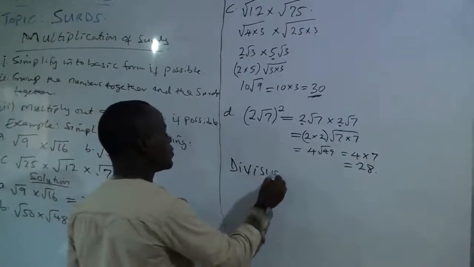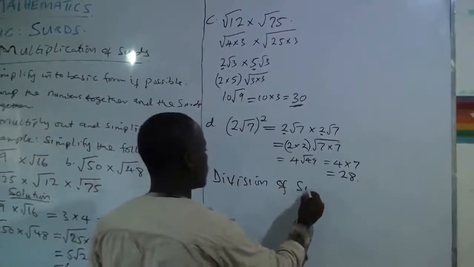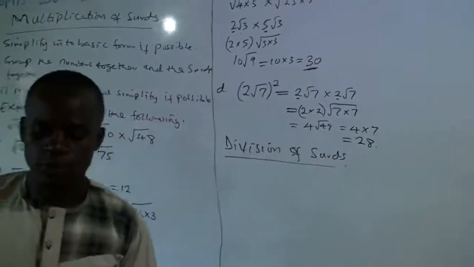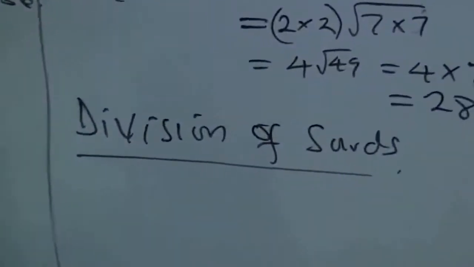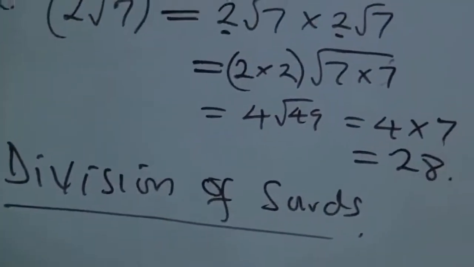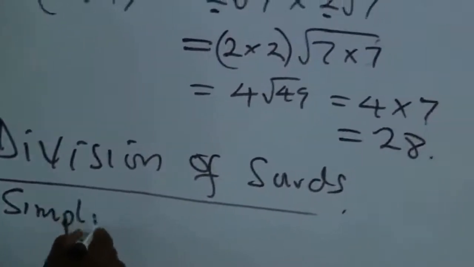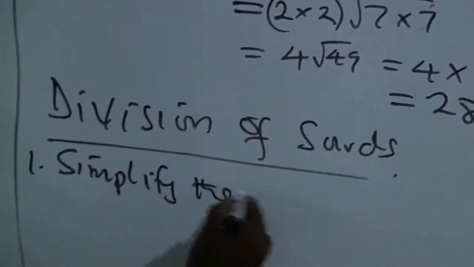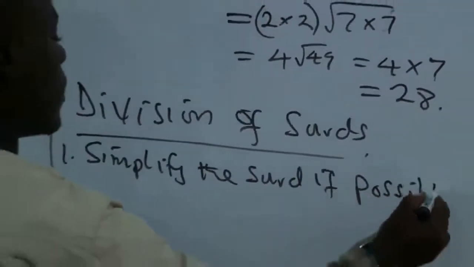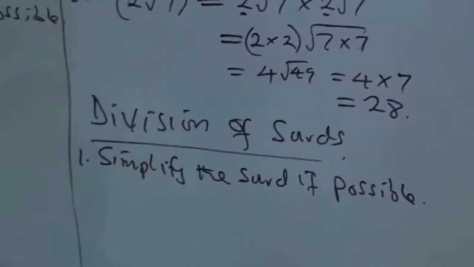Remember, I told you surd is all about addition, subtraction, multiplication, and division, and it's always straightforward. Now, just as we have explained for multiplication of surds, to divide surds, the first step is that you simplify the surd if possible.